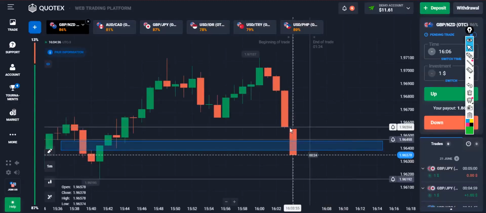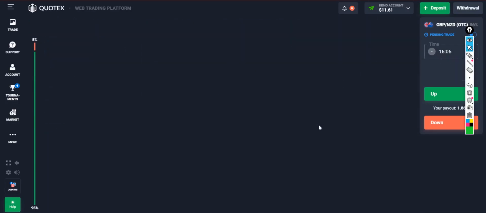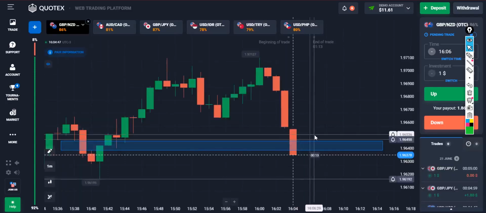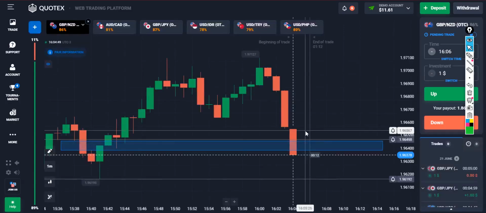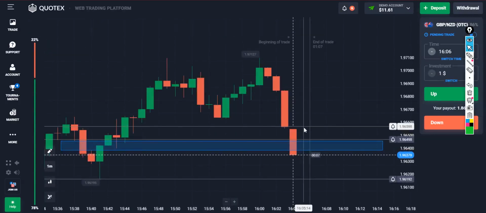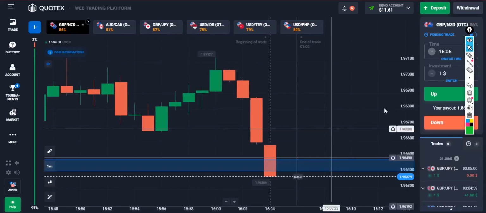There's a gap right here, and the market will try to fill up this gap area as well. I'm not sure if it is on the next candle or the one after, but there's a gap. The market always fills up the gap that it creates.